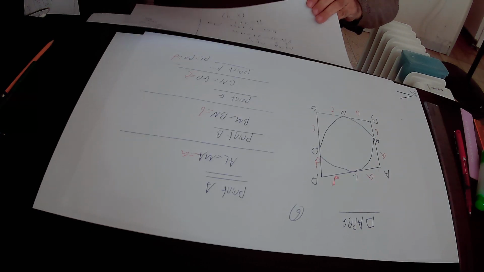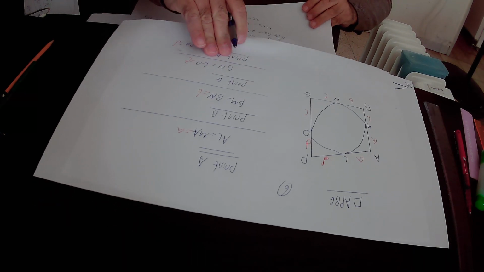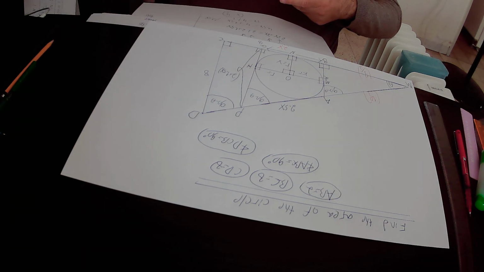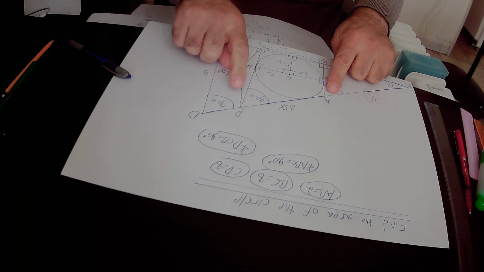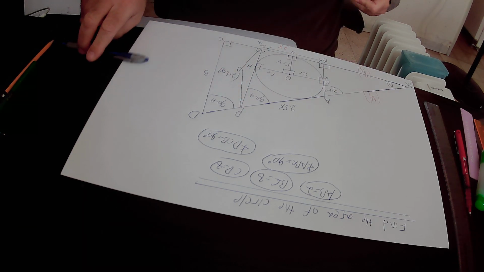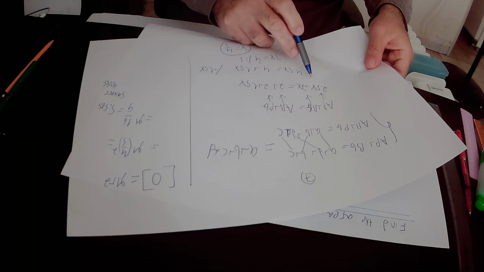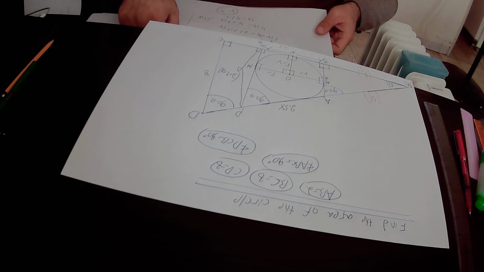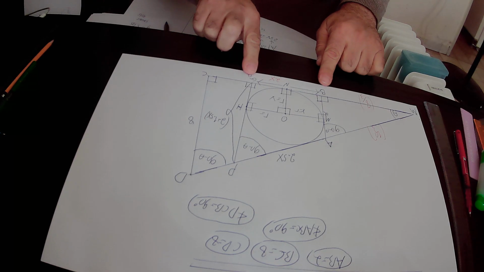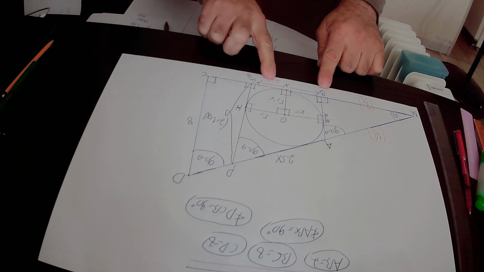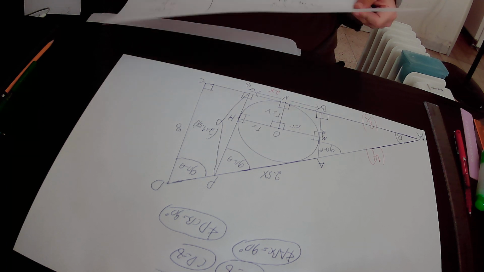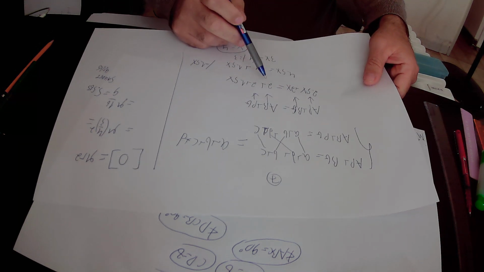What is the length of AP? We already found out that AP equals 2.5x in its length. So we substitute AP by 2.5x. What is the length of BG? Here, we already found out that BG equals 2x in its length. So we substitute BG by 2x, and it is equal to AB.